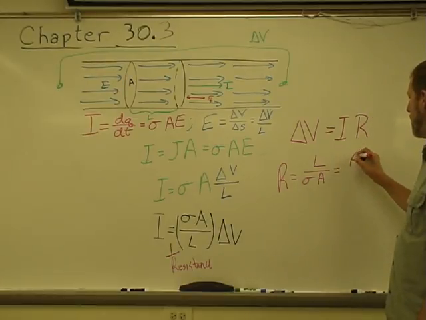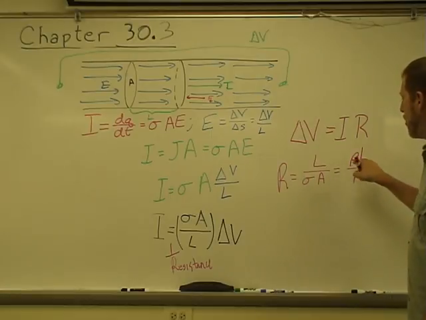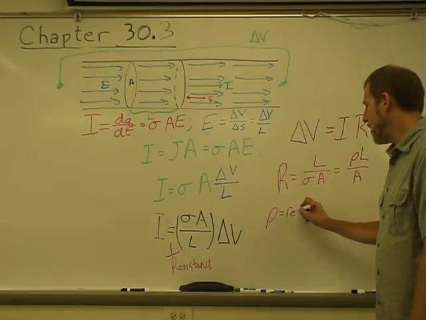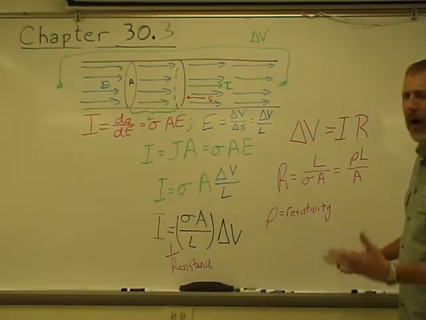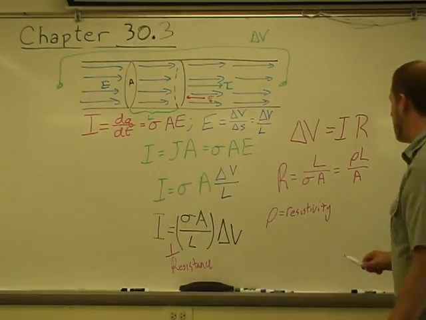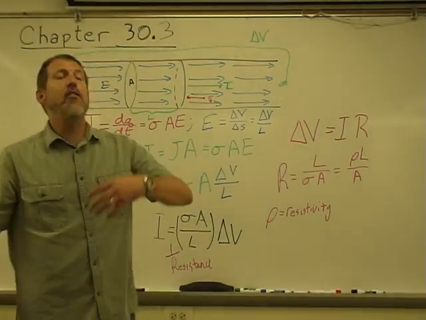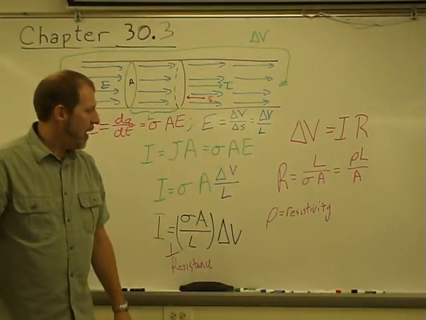Or I'm going to come up with another term called rho, not P, but rho, the resistivity. Why have two things? The reason is that if I speak of it in terms of the resistivity, then the larger the resistivity, the larger the resistance.